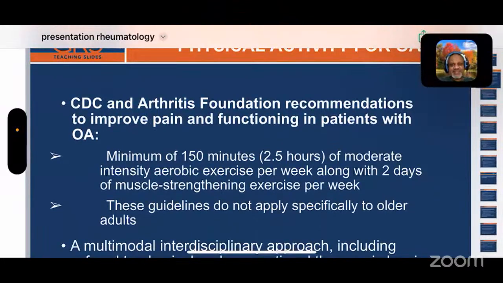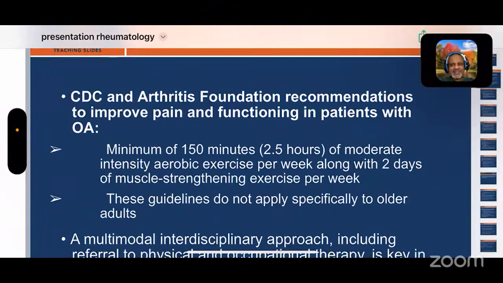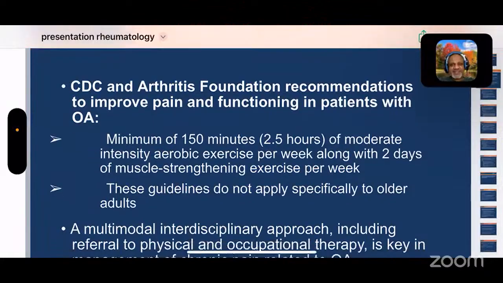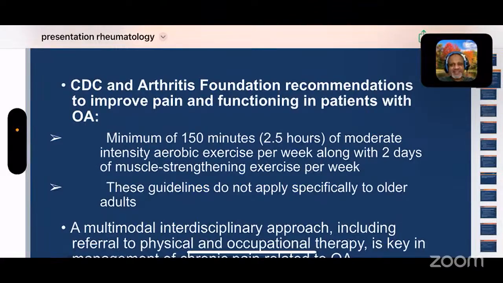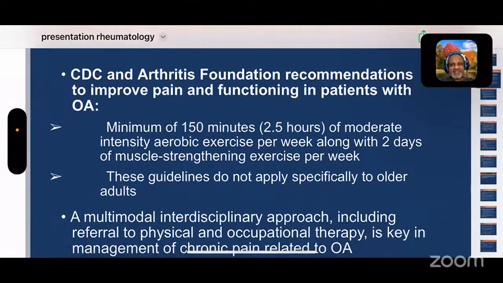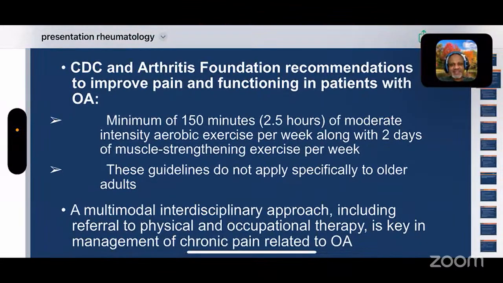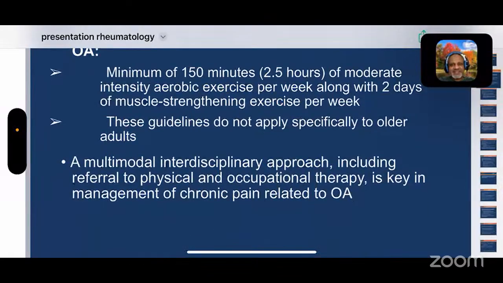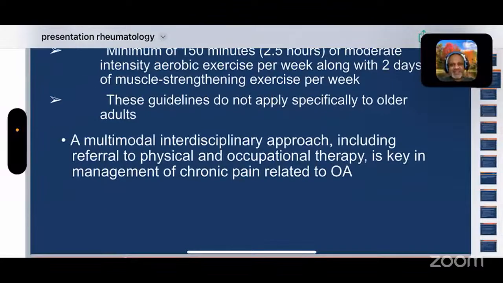Still in non-pharmacological management, the CDC and Arthritis Foundation recommend, to improve pain and functioning, a minimum of 150 minutes, 2.5 hours, of moderate intensity aerobic exercise per week, along with 2 days of muscle strengthening exercise per week. These guidelines don't apply specifically to older adults. A multimodal interdisciplinary approach, including referral to physical and occupational therapy, is key in management of chronic osteoarthritis-related pain.